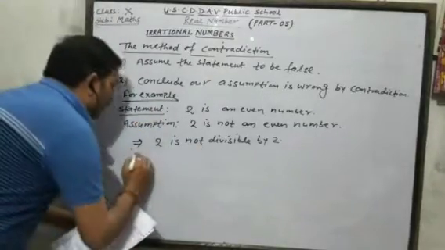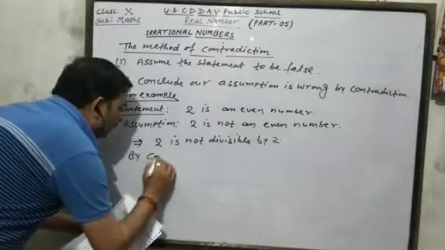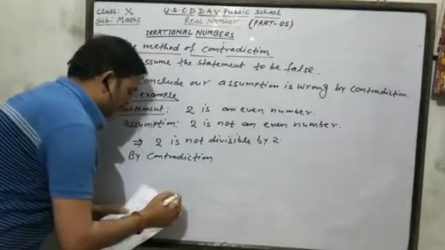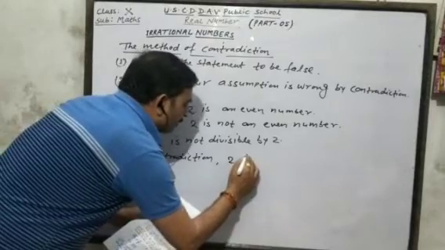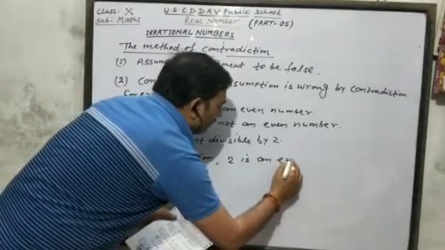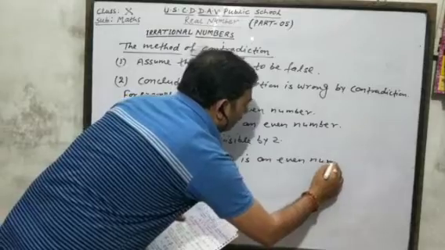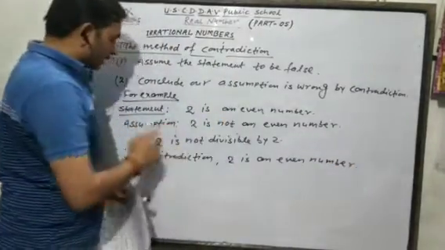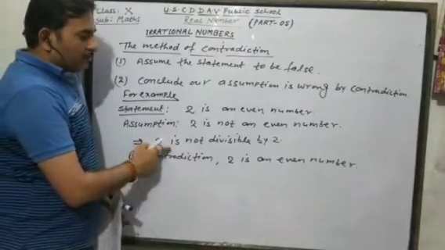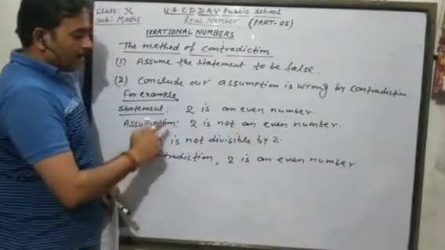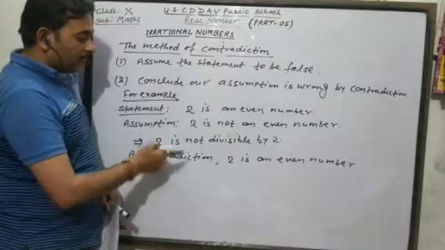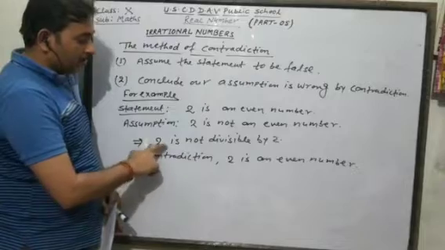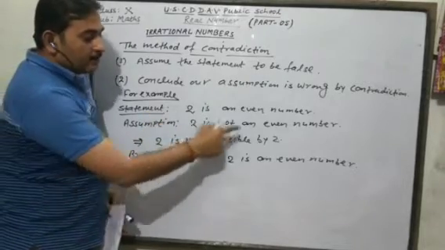But we know that 2 is exactly divisible by 2.